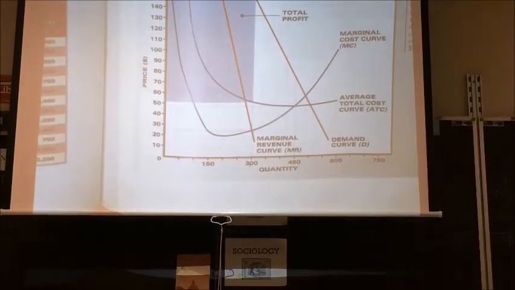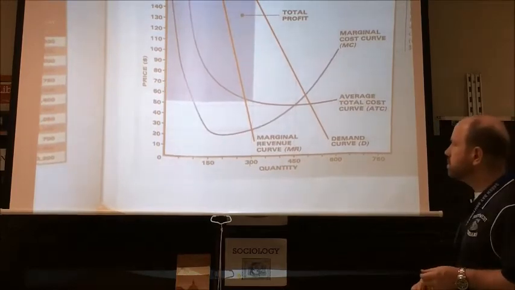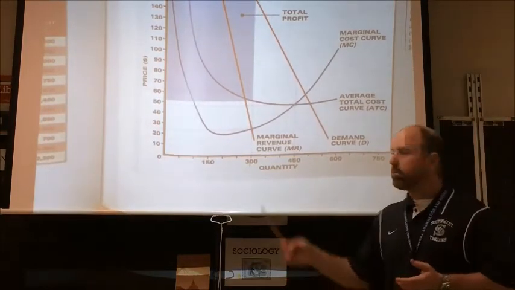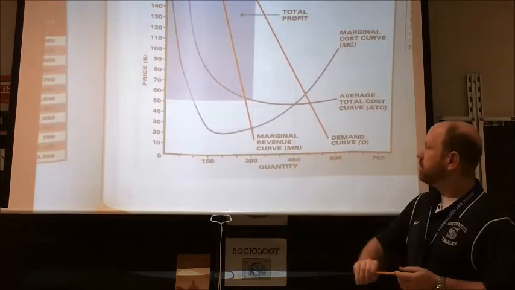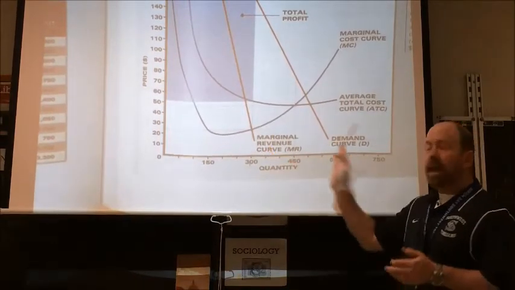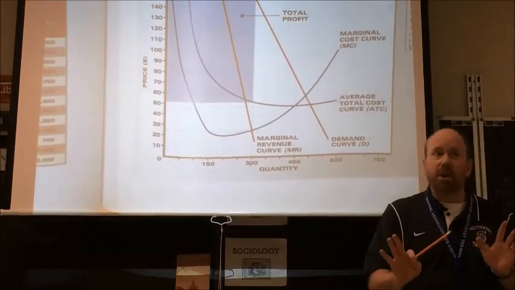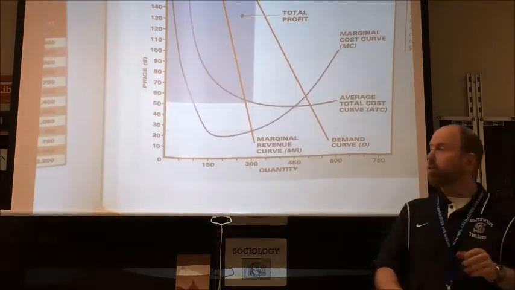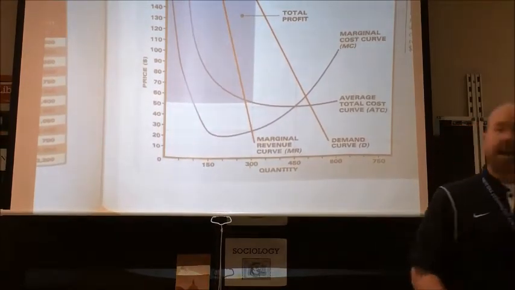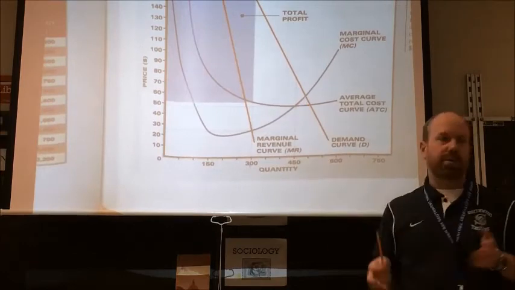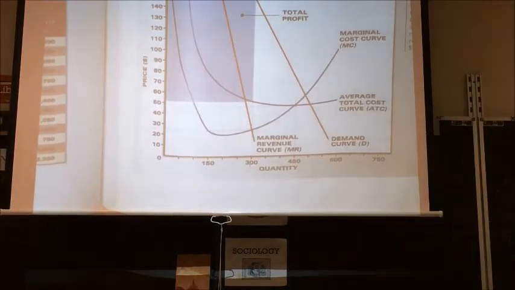Okay, so perfect would be at the lowest of that ATC, but monopoly would be at that MR equals MC. Yeah, and still, in every one, it's MR equals MC, don't get me wrong. It's just, if this was perfect, MR equals MC would also intersect with the minimum of the average total cost curve.